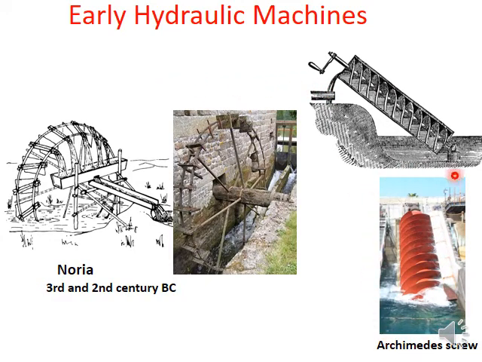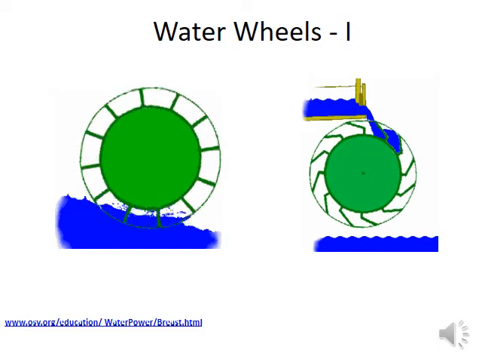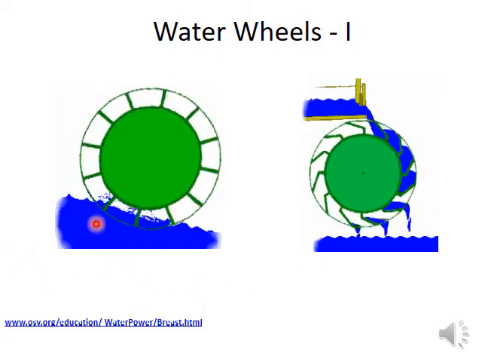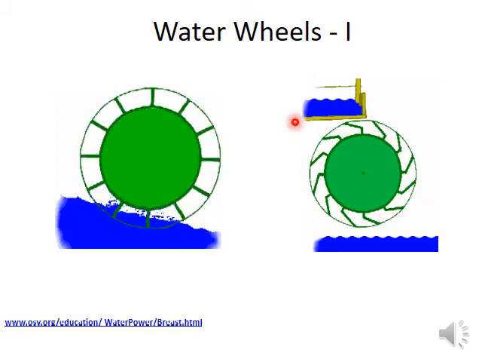And this is the modern Archimedes screw. It is the same thing as you can see. These are still in use and are still useful. You can see the concepts of water wheels, and what is shown here is called undershot wheel, and this is called overshot wheel.